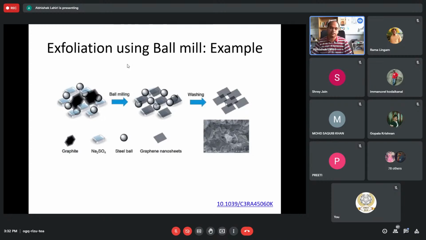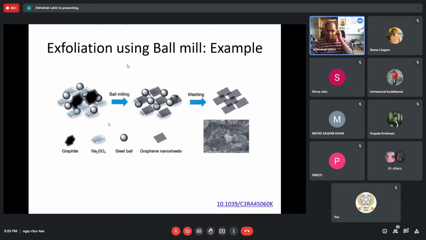The reason for it is the sodium sulfate basically goes into or intercalates this graphite structure, and therefore it reduces the amount of force required to remove these graphene flakes. And simply by adding sodium sulfate, they could reduce the time of ball milling to obtain very good quality graphene nanosheets.